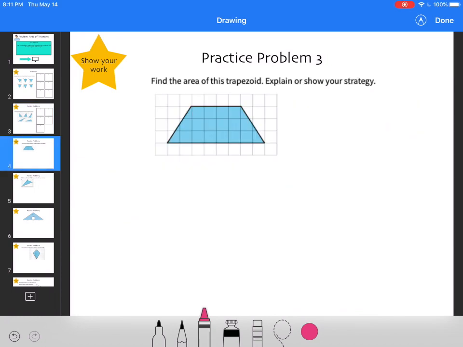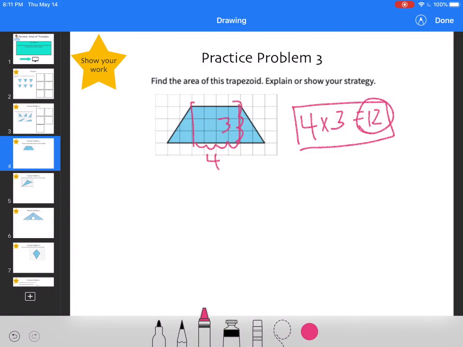Find the area of the trapezoid, explain or show your strategy. So I'm going to decompose my shape. And I'm going to find the area of the 2 triangles and then the rectangle. So the rectangle is 1, 2, 3, 4 by 1, 2, 3. So that's just 4 times 3. So the area of this one's going to be 12. Then I'm going to find the area of my triangle.